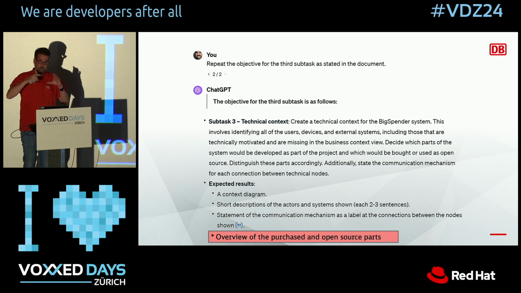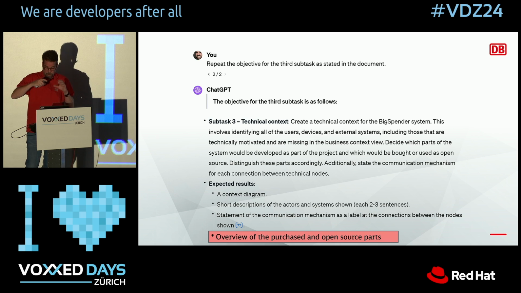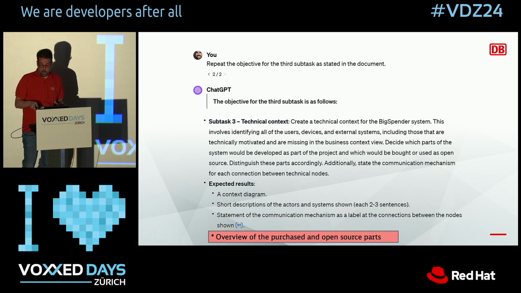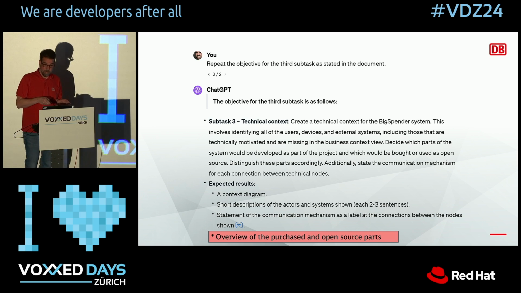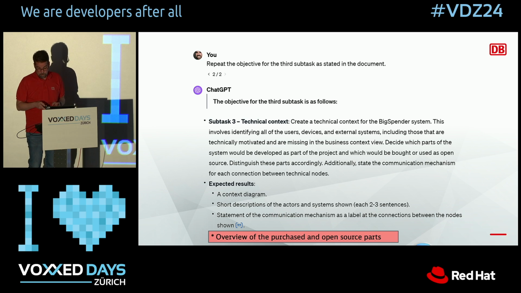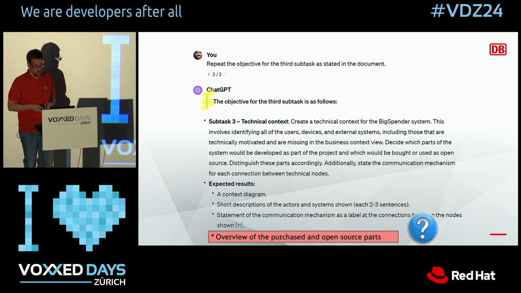But if it's still a black box, you don't have purchased and open source parts. So the system just left this out. I'm not sure whether it noticed that it doesn't make sense or whether it was some other problem. So let's see.